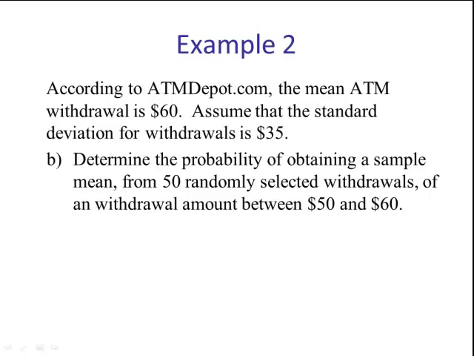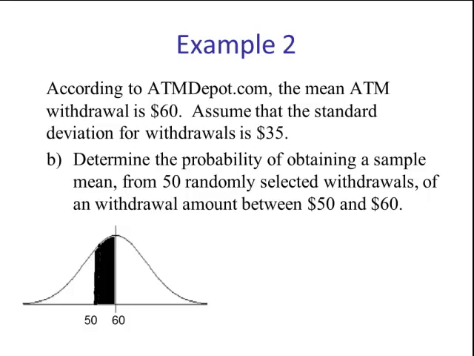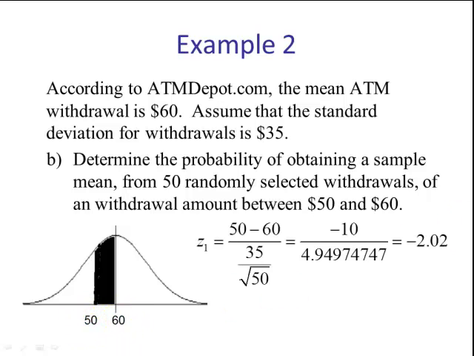Part B, determine the probability of obtaining a sample mean from the 50 randomly selected withdrawals of a withdrawal amount between $50 and $60. We draw our picture. We want the area in between 50 and 60. We have to convert the 50 and the 60 to a z-score. This one turns out to be a negative 2.02. The second z-score turns out to be 0. It's actually the mean.